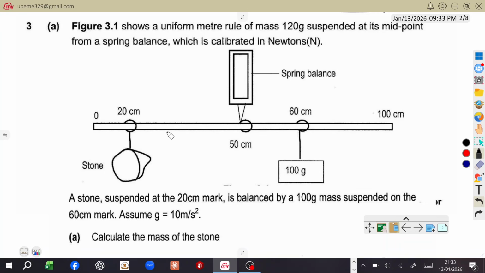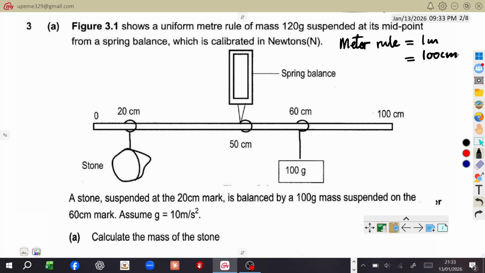Whenever you hear meter rule, it is that meter rule which is equal to 1 meter in length, or 100 centimeters in length. That is the main thing.